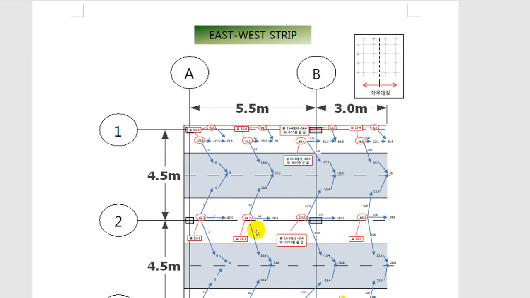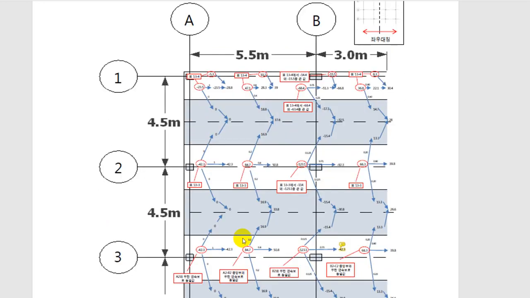So we have a column strip here and middle strips at both ends of the column strip. So this middle strip belongs to this column strip, and this middle strip belongs to this column strip.